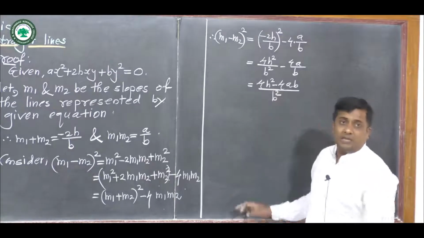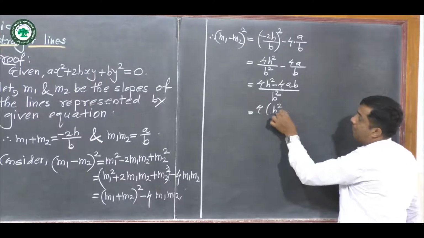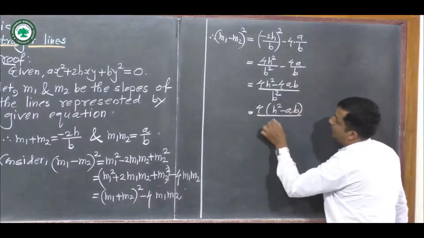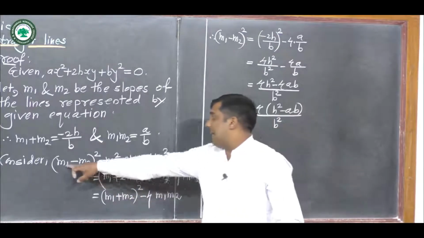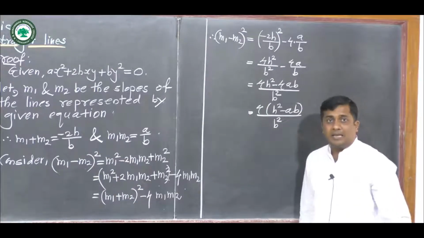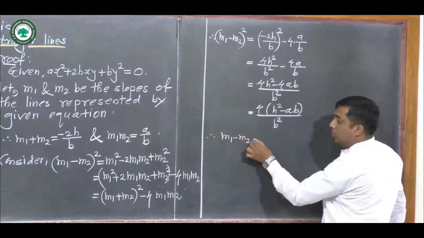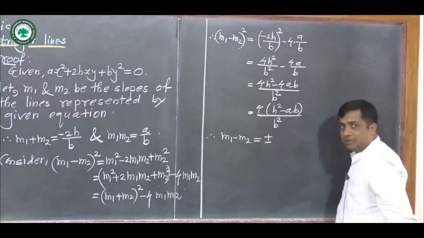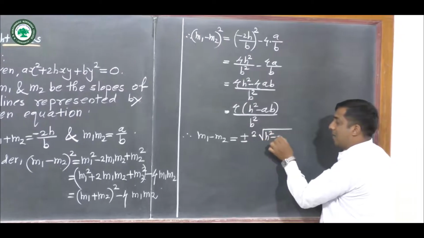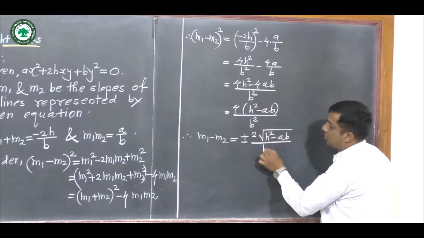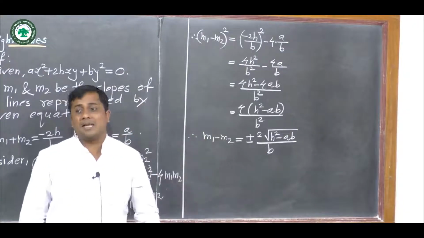From the numerator we take 4 common, so 4 into bracket h square minus ab, divided by b square. Now this is m1 minus m2 bracket square. Taking square root on both sides, we get m1 minus m2 is equal to plus minus, square root of 4 is 2, then inside the square root h square minus ab, divided by b. So here we get m1 minus m2.